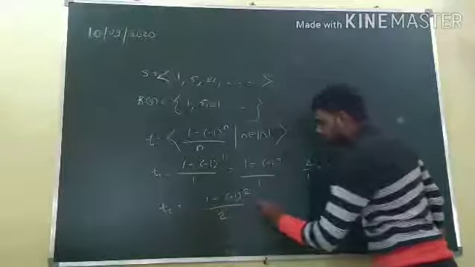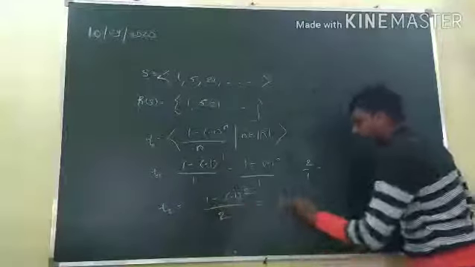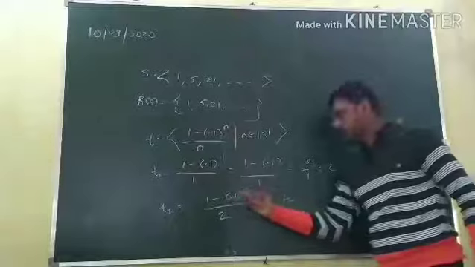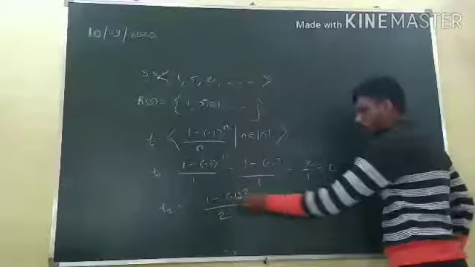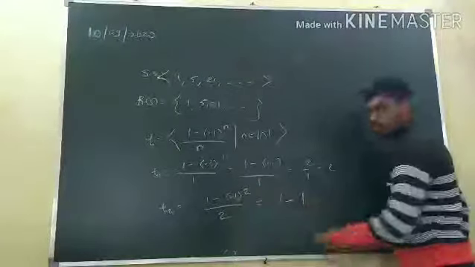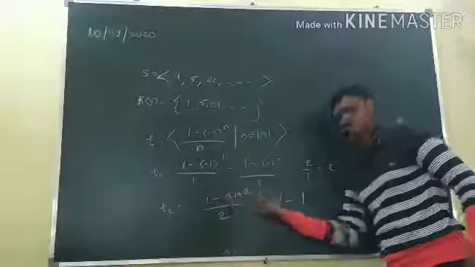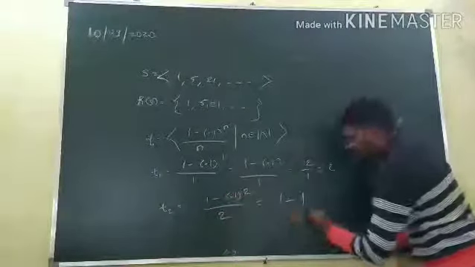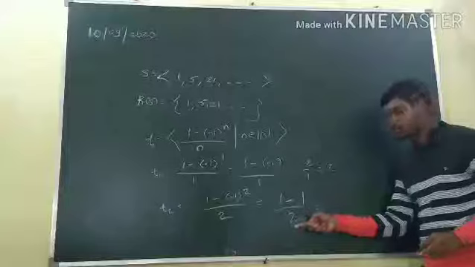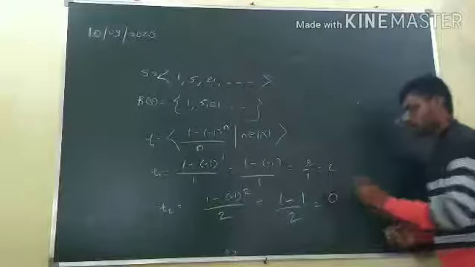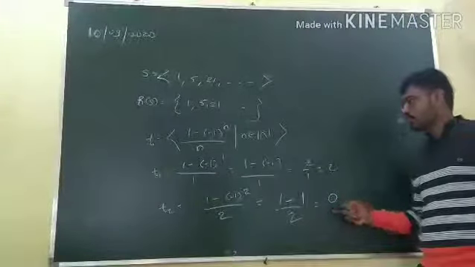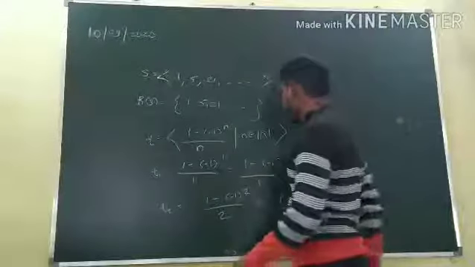What is the square of minus 1? Plus 1. So 1 minus 1, that is 0. So 0 upon 2 is 0. The second term is 0.